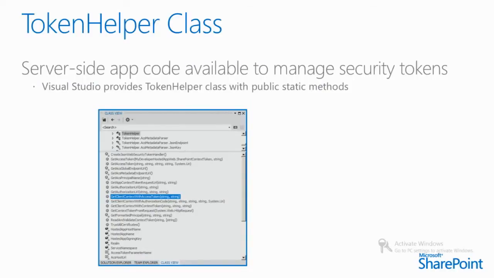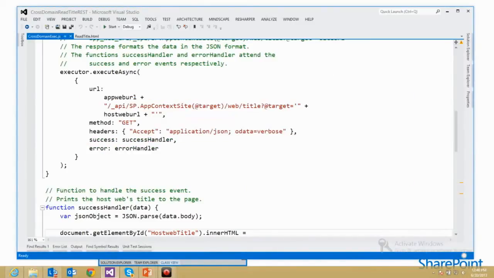And this is a class that's part of the template that you get when you create a brand new SharePoint project. It is one of the sweetest classes that exists, at least in my mind, in the Microsoft space, because this particular piece of functionality, this token helper code, is a C# class.